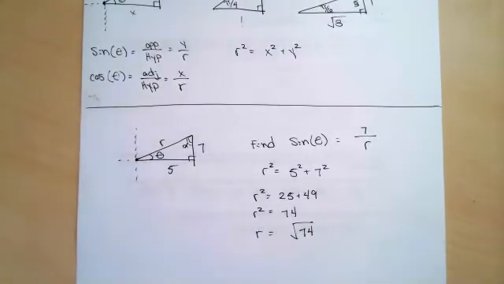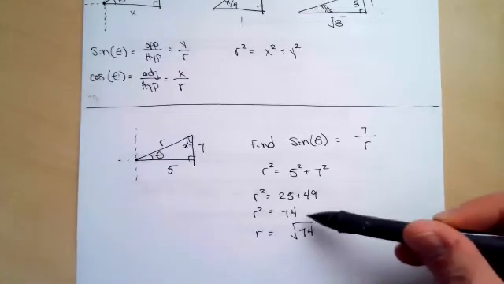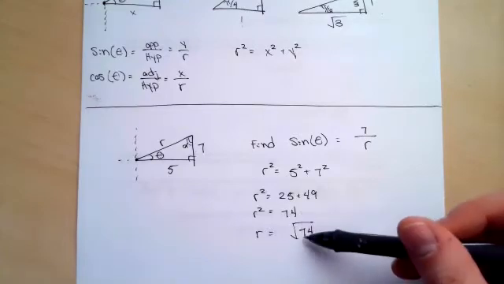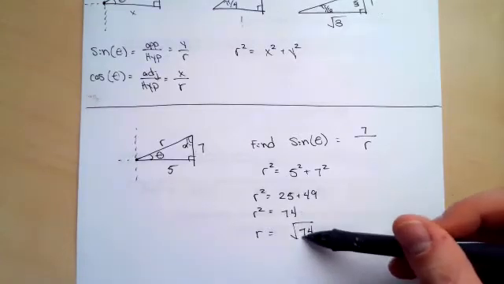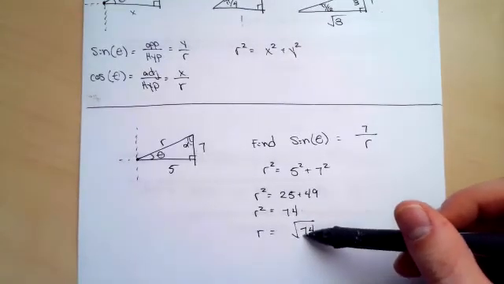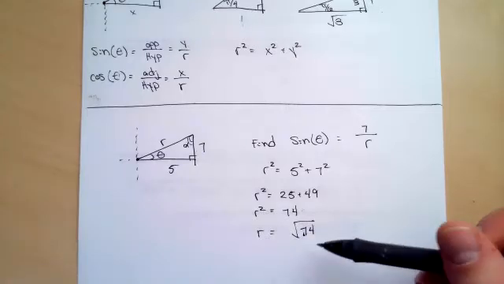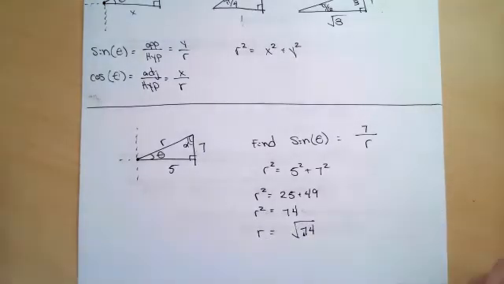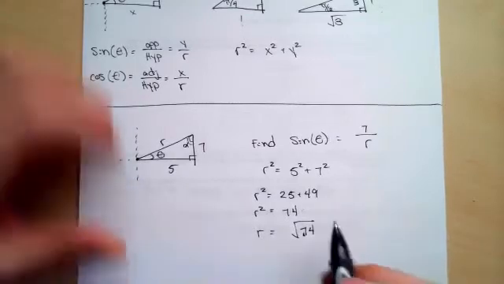Here's a question. Do we need the plus or minus? Always remember, going from an equation like this to the next step, we have to apply a square root ourselves. And anytime we apply a square root ourselves, we should ask, do I need the plus or minus? There are certain situations when we don't. In general, we should include it. But in this case, I claim we don't need it. Why should we only need the positive square root of 74?